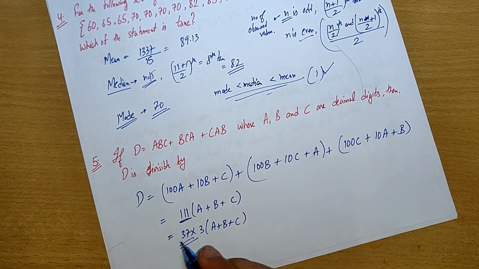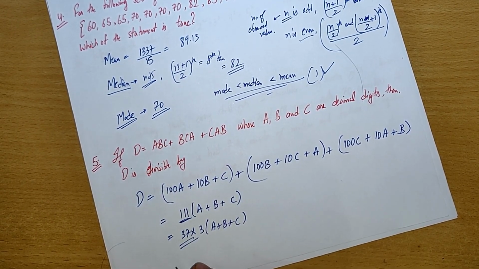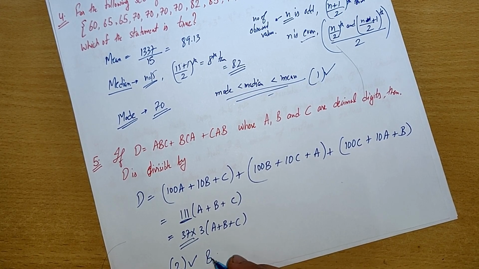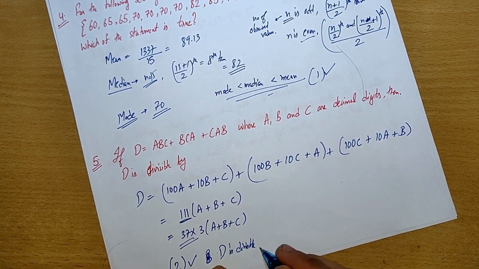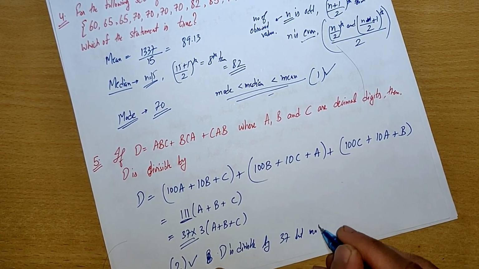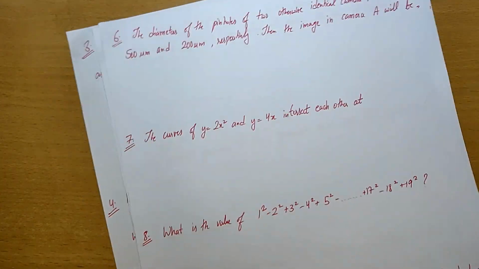So D is divisible by 37, but not 29. So the answer would be the second: D is divisible by 37, but not 29. So we go to the next question.